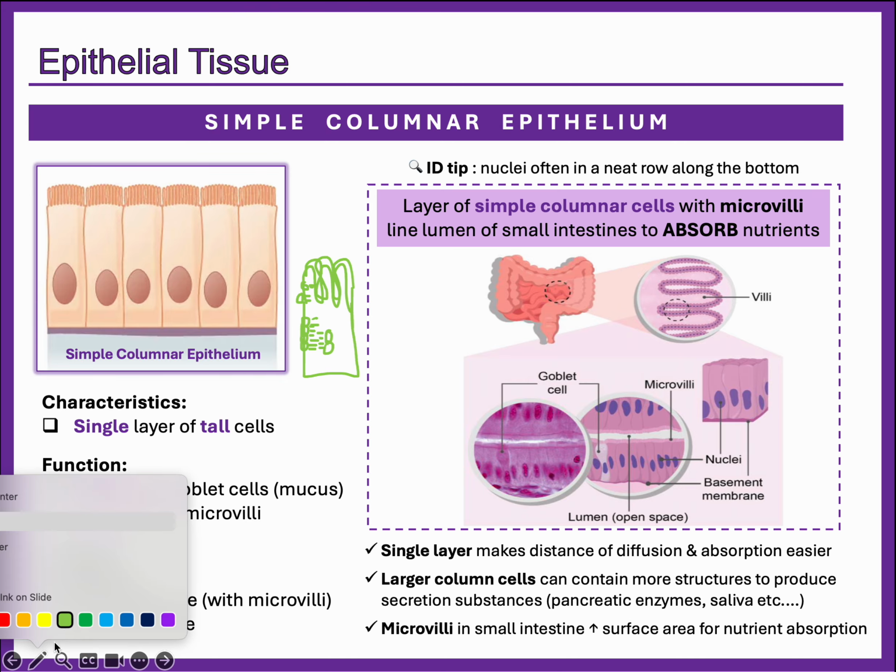If this were my small intestine cell, I could absorb things here, here, here, here, here, or here, right? If I have this as my small intestine cell, I could absorb things here, here, here, here, right up top here, over here, down, across, over here, and on and on and on.